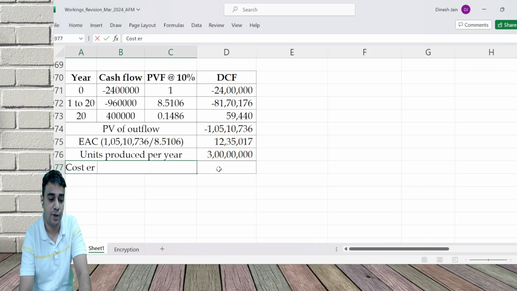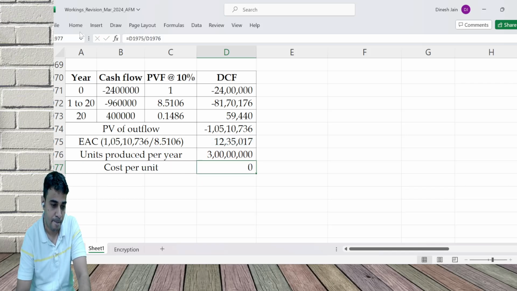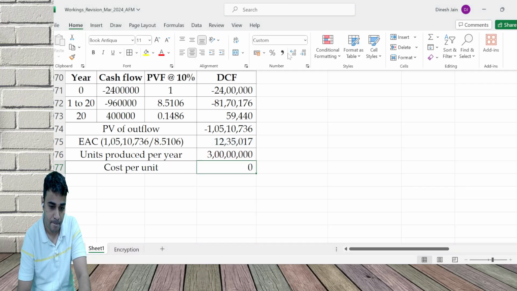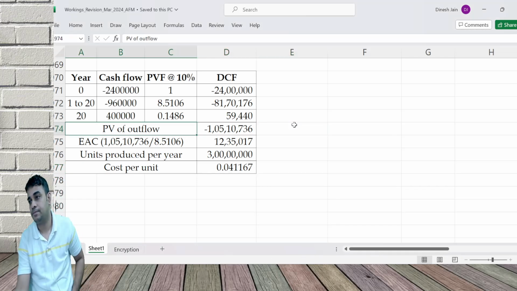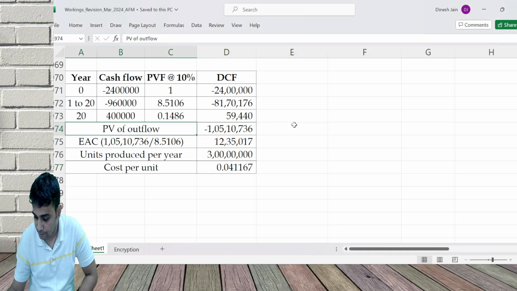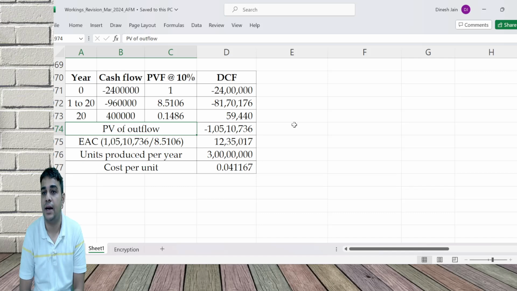And cost per unit. Our decision will be based on cost per unit. We'll have to work with more decimals here, maybe 6 decimals. Around 4 paise is the cost. This is not a question on replacement. No category 1, category 2, category 3.